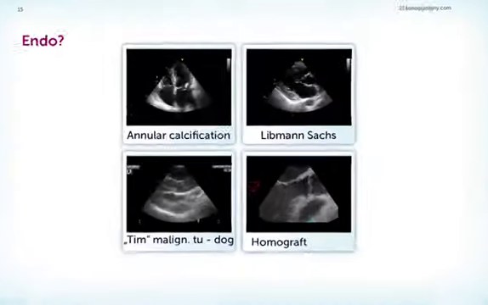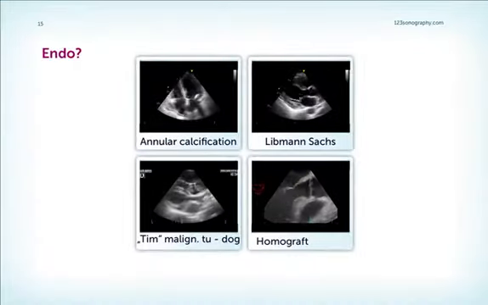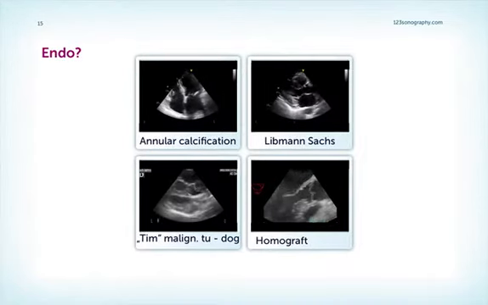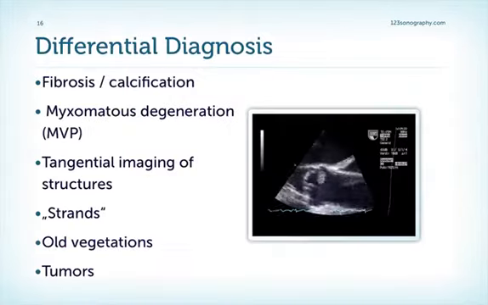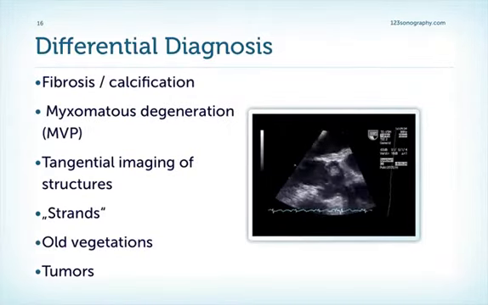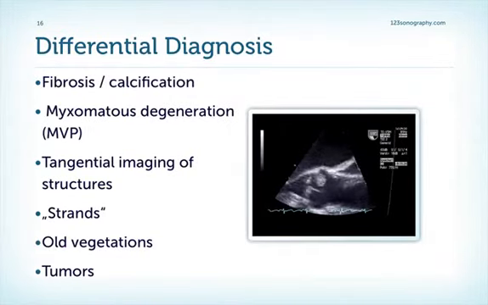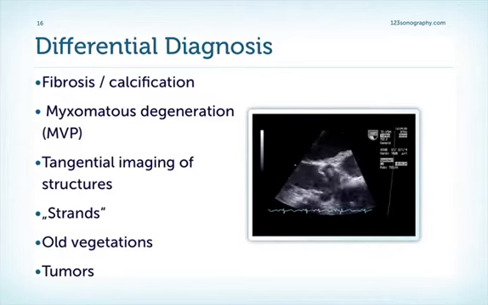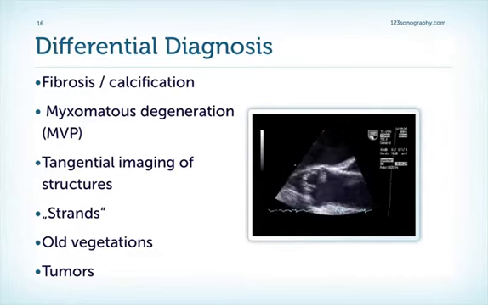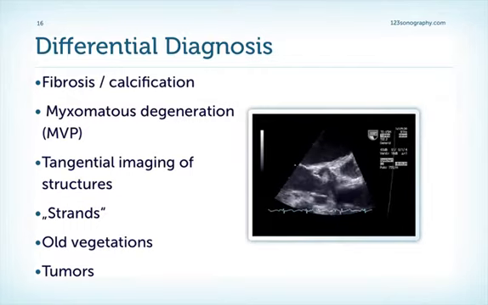So you can see endocarditis is not always that easy to diagnose, and there are several different differential diagnoses that you have to consider. And here is a list. Fibrosis and calcification. We saw an example already. Myxomatous degeneration of the mitral valve, in other words, classic mitral valve prolapse. Tangential imaging of structures, which can sometimes really mimic a vegetation.